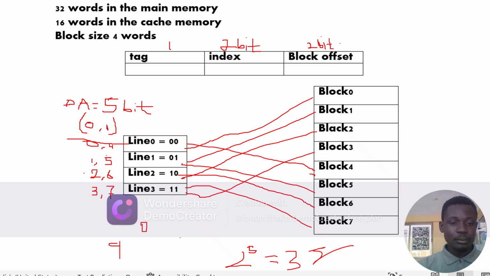The 5-bit binary number of 9 will be 0, 1, 0, 0, 1. So it's how many? 1, 2, 3, 4, 5. So this physical address here needs 5 bits, and this one is also 5. So let's try and share it.